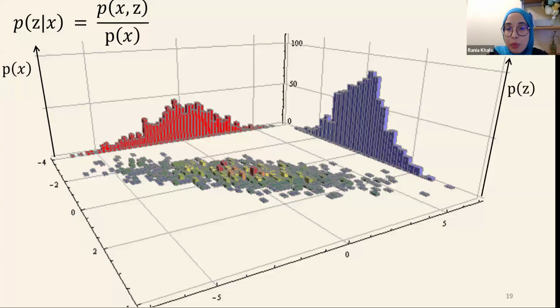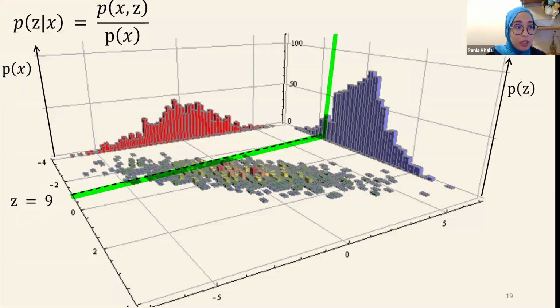This represents the probability that the latent variable z was present when we sampled the data x. We compute it just like we did for the other conditional distribution. We consider this slice, and we normalize it by the probability that x is equal to 9.